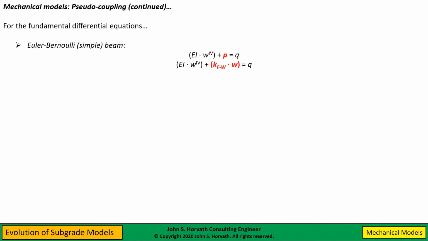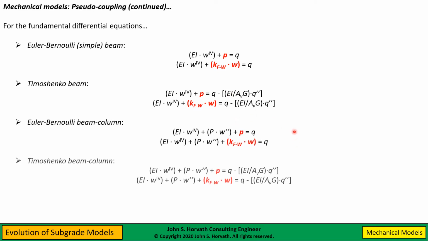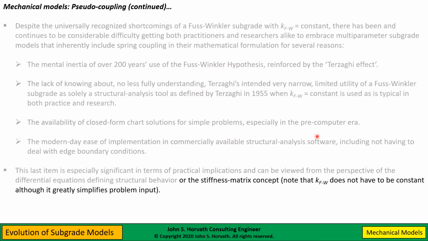And you can see that for the fundamental differential equations, using the Fuss-Winkler hypothesis, where we replace subgrade reaction by the coefficient of subgrade reaction and settlement, no matter whose equation you want to include, or with the stiffness matrix concept, it's very easy to implement in practice.